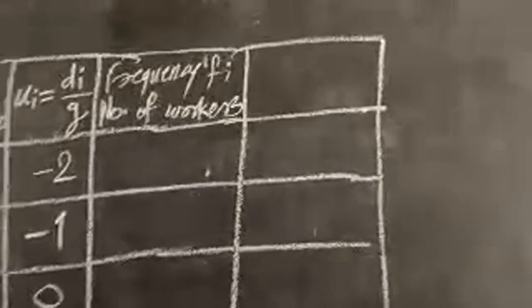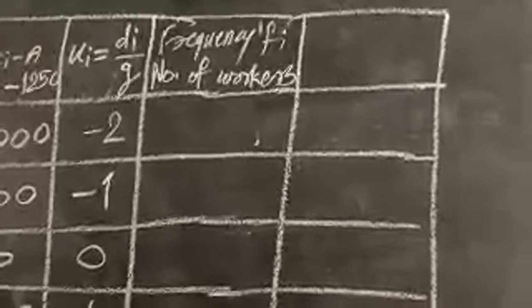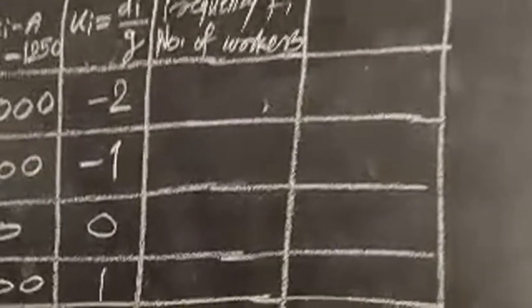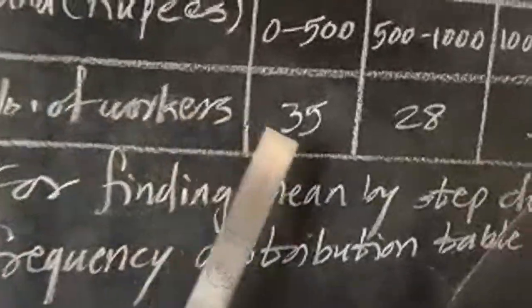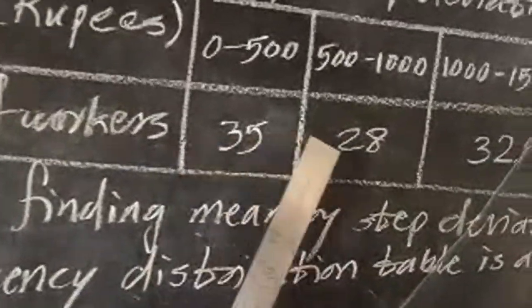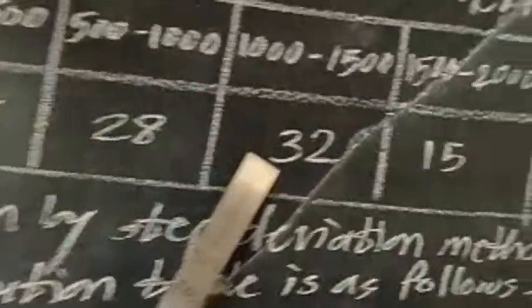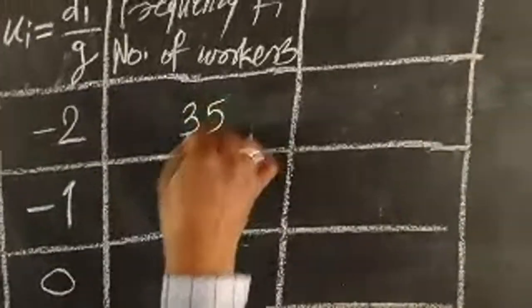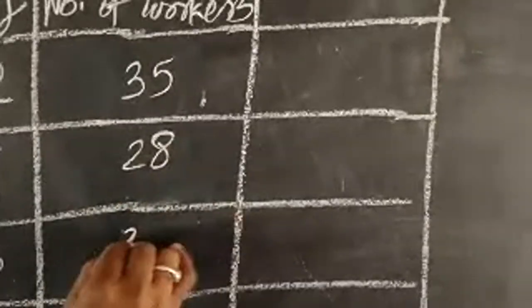Frequencies are the number of workers. We write the frequencies here: 35, 28, 32, 15, 10.